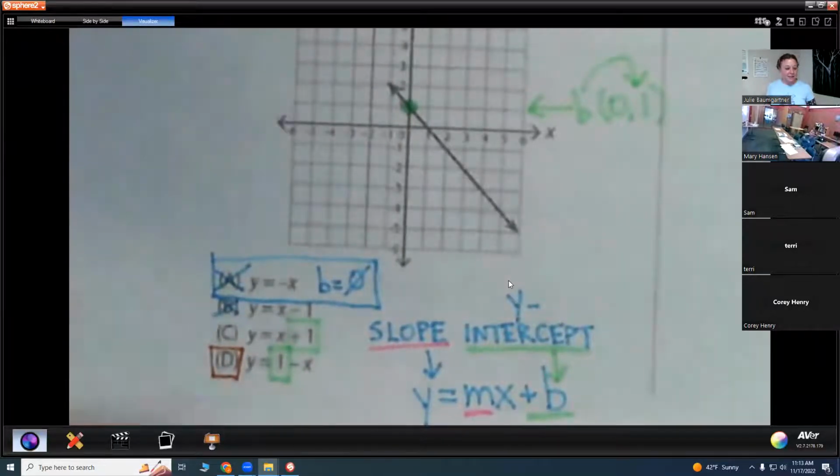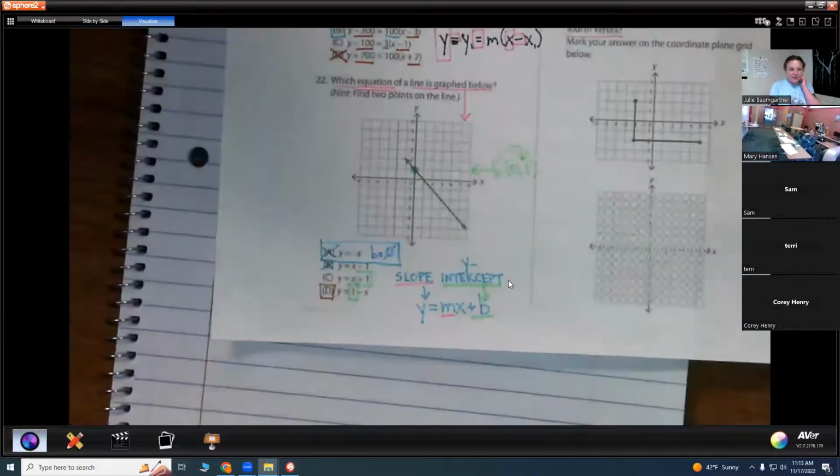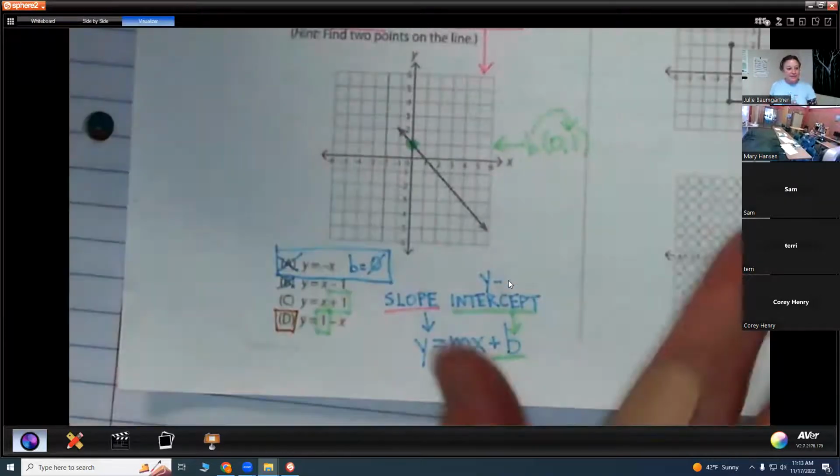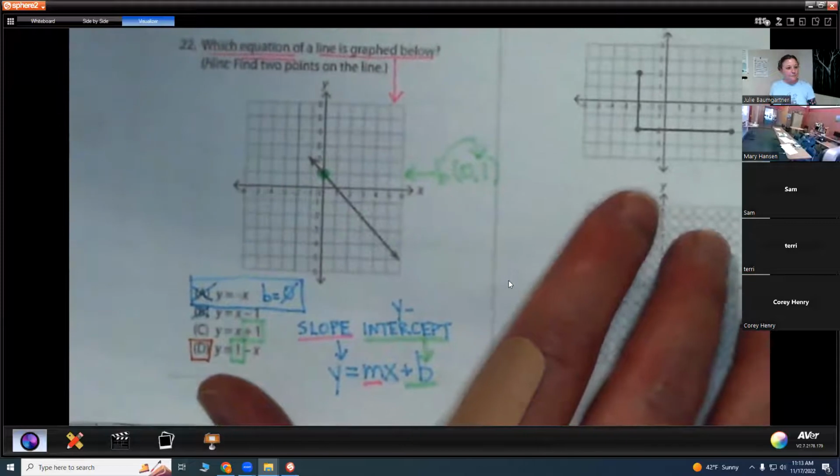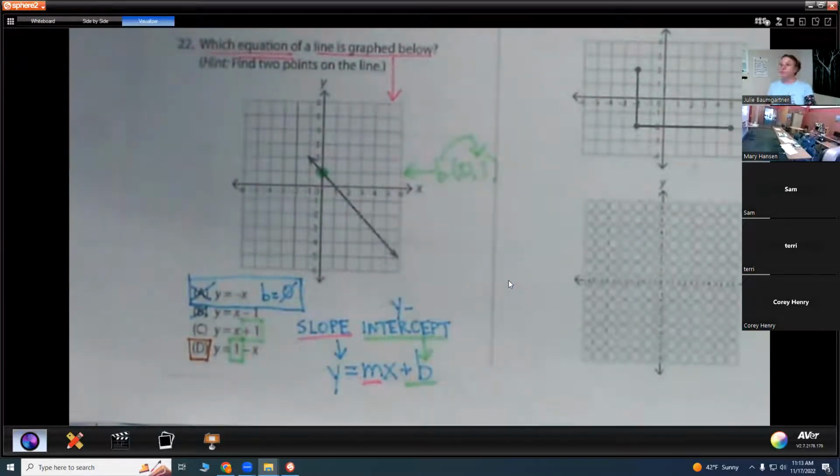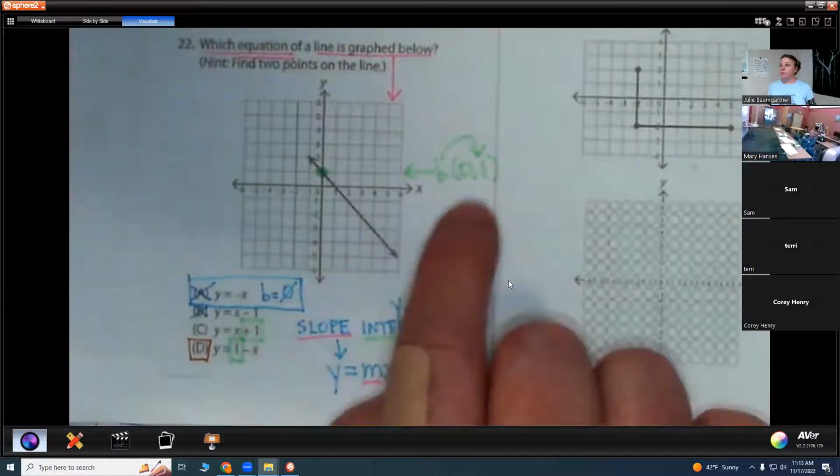Okay. Any final thoughts or comments, Mary, for number 22? No, I don't think so, except again, fall back to picking points and substituting them in. That's always your fallback position. As long as you understand that relationship, you can solve a lot of problems without knowing all the intricate math.